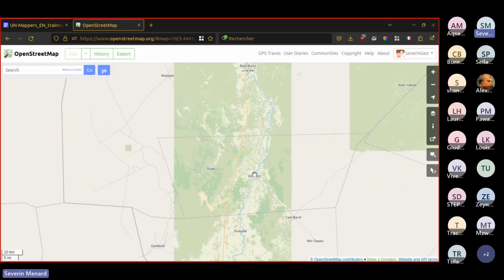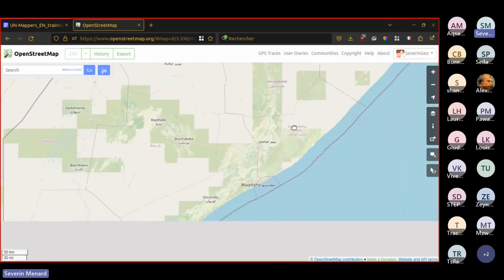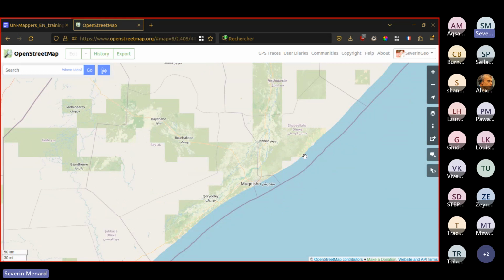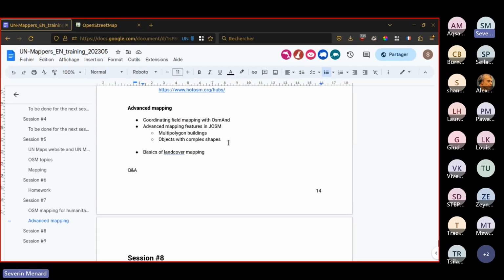I will also show you the basics of that, because it's a bit complex, but I will do that on a short, easy example, something I do on a personal side, so in a context I know well.